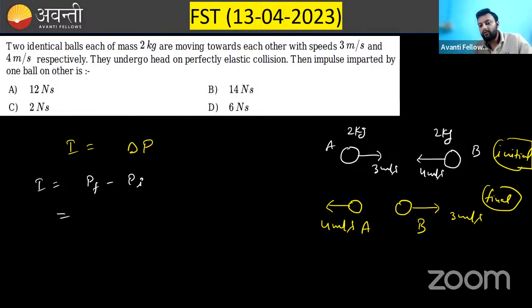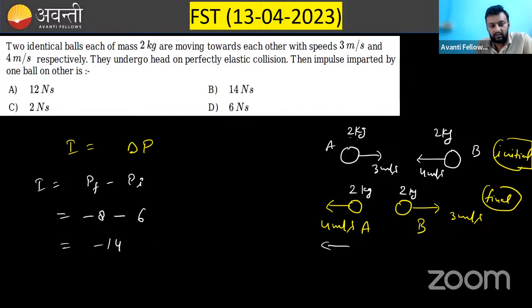Final momentum of A is what? This is 2 kg. This is 2 kg. Final momentum of A is 2 into 4, mass into velocity, that is 8. But that is towards the left. That is minus 8. Minus P initial. P initial is what? 2 into 3, mass into velocity, that is 6. Minus 6. So that is minus 14.